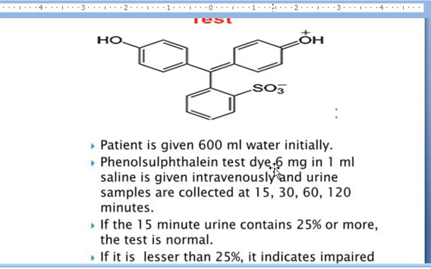If 1.5 milligram of dye is released within 15 minutes, the person is normal. If it is less than 25%, then it indicates that the person is having some problem with the kidneys. And if the excretion is still very, very low, that is the plasma concentration is still around 6 milligram even after half an hour or 1 hour, it means complete renal failure.